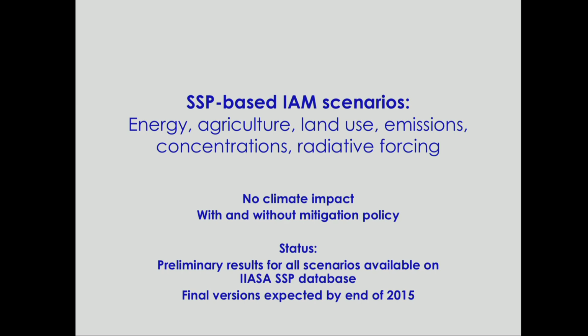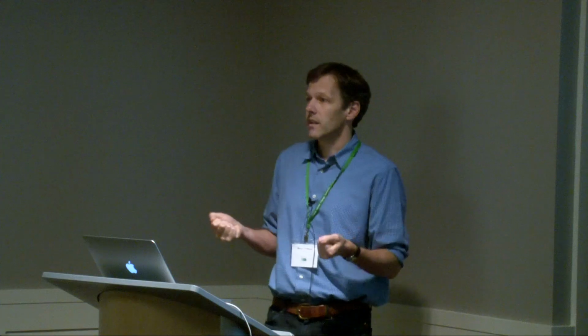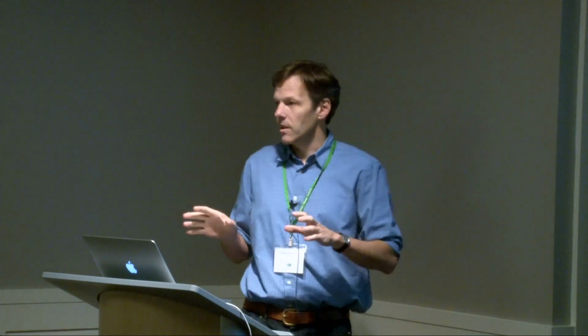Okay, so I wanted to show you just a quick look at what some of the IAM scenario results look like for scenarios based on the SSPs. And as I mentioned in the original diagram, these are IAM scenarios that don't yet include climate impacts.